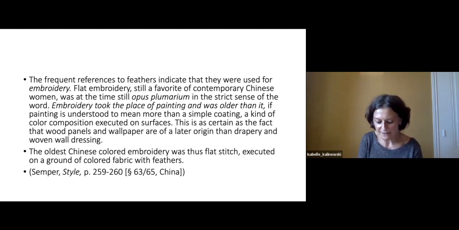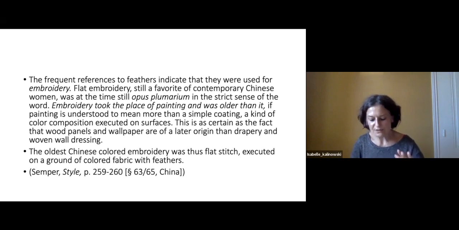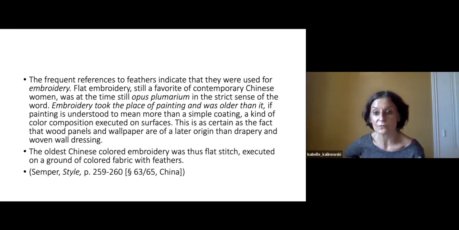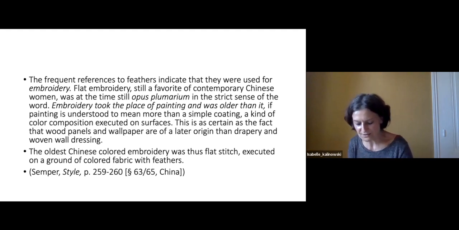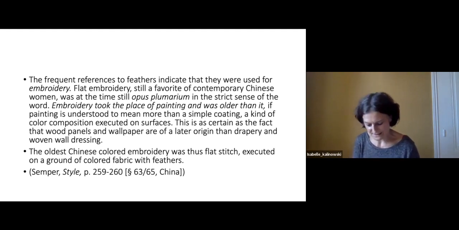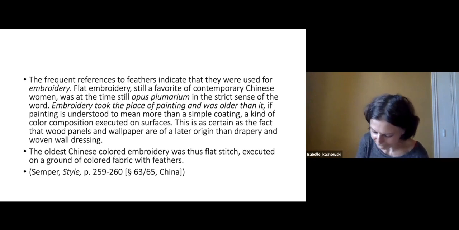In the economy of Semper's demonstration, it hints at the possibility of a textile genealogy, not only of architecture and painting, but also of sculpture. The scope of the textile thesis thus expands considerably, and I'll examine the consequences of this extension in my next section.